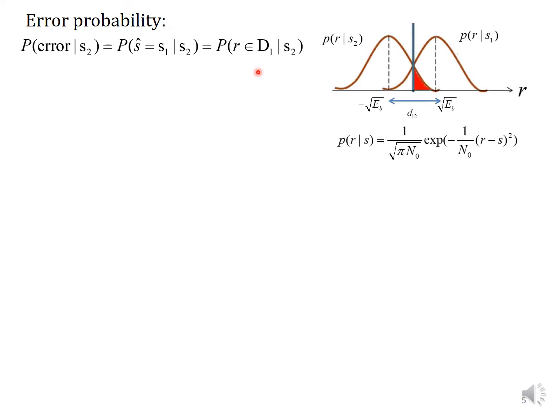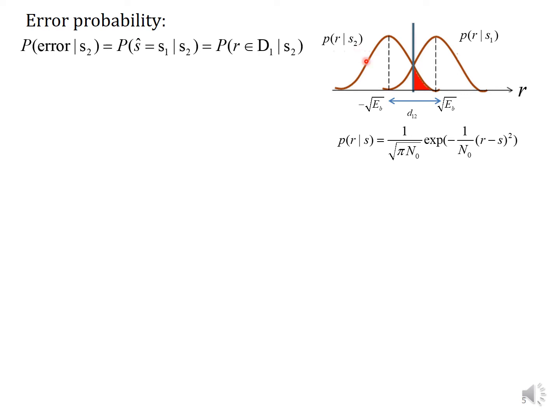So we have the received signal R, and we have the probability distributions of S2 and S1. When S2 was sent, what would be the error probability? When does the error occur?